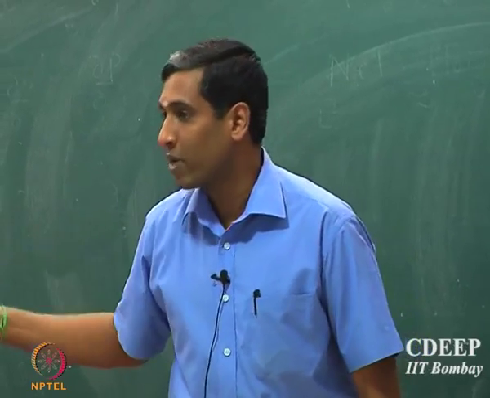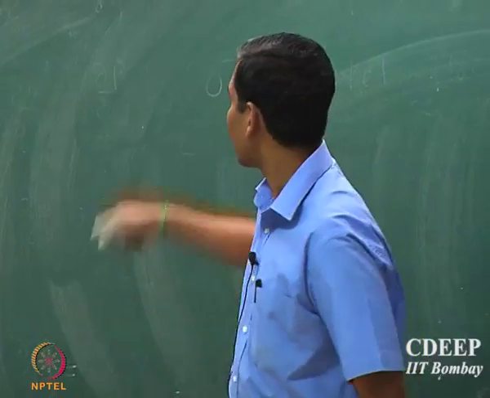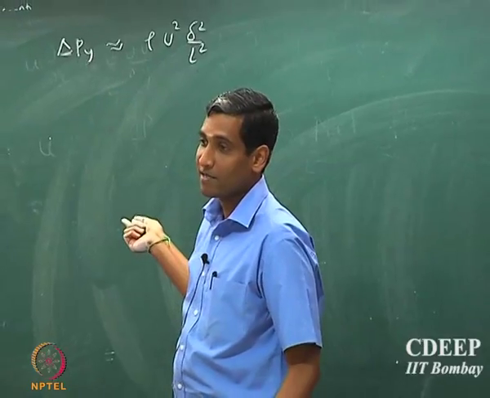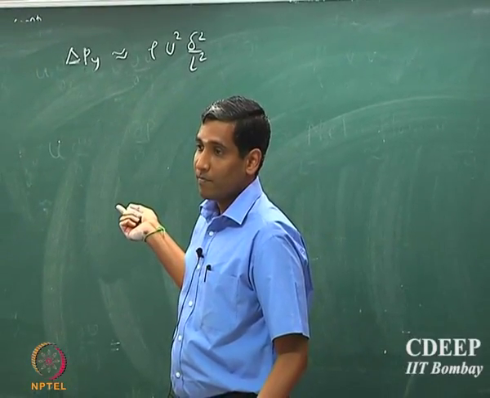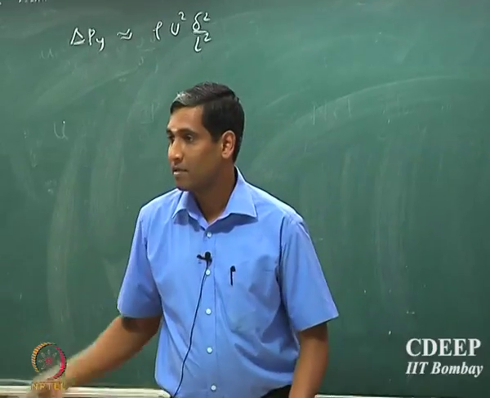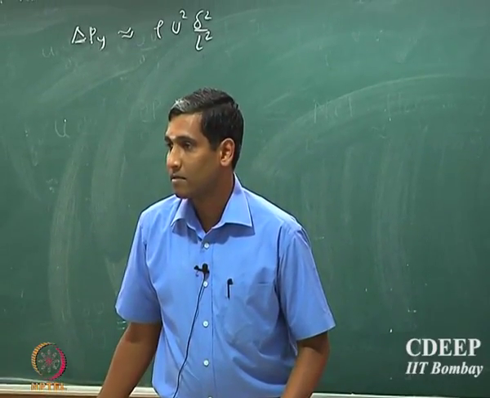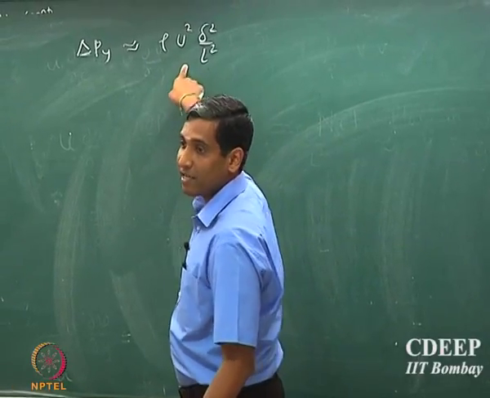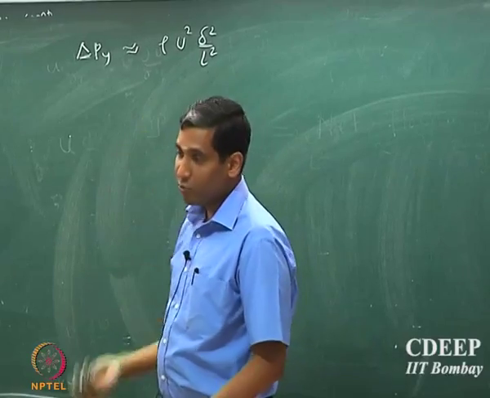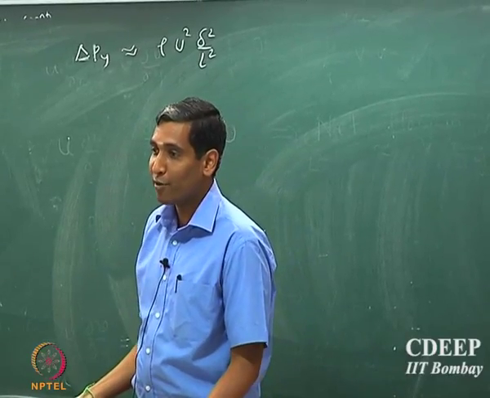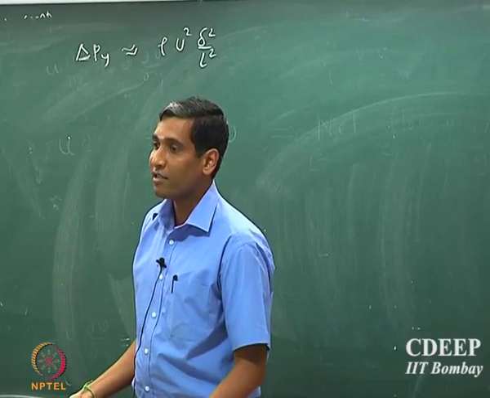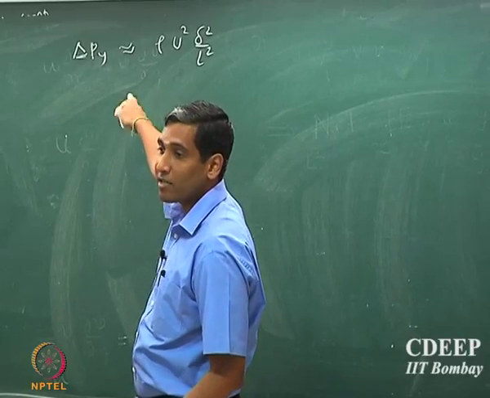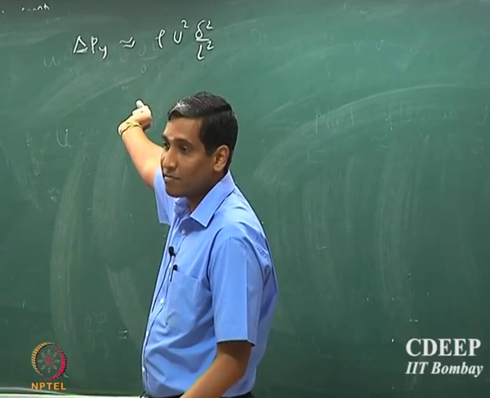Now, you can't cancel out any terms. All you can say from that is only that the pressure is approximately constant. If you assume that the delta Py which comes out from the scaling is approximately constant, then it would reduce to dP by dy being 0, because all the other terms, although they are comparable, are very small.